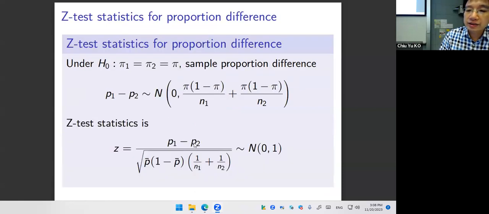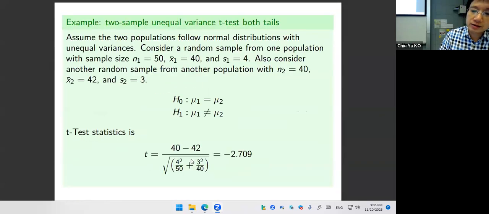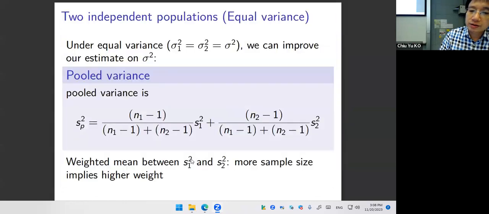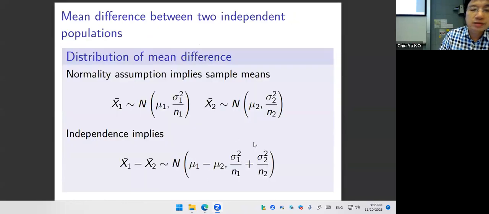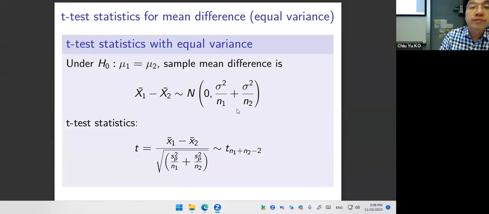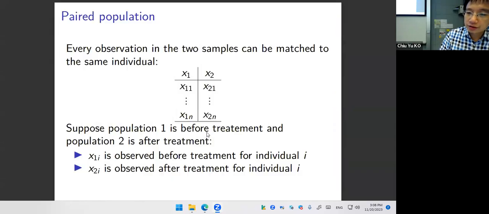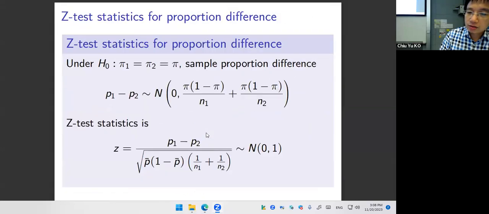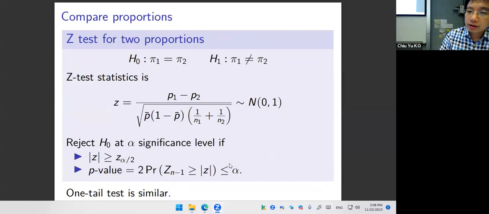In that case, just do that. This is more similar to the case of equal variance, because they're the same. So it's similar to this diagram, but instead we have n here. So it's normal here. That is the only part that we are doing. Okay, so let's go to the example.